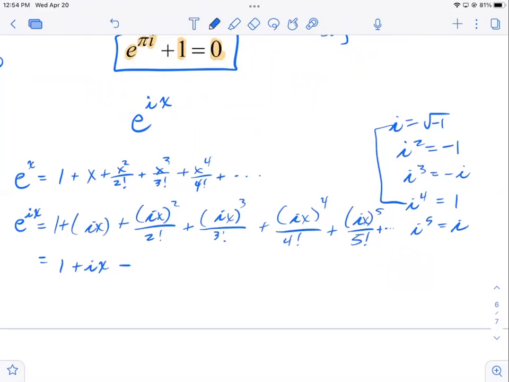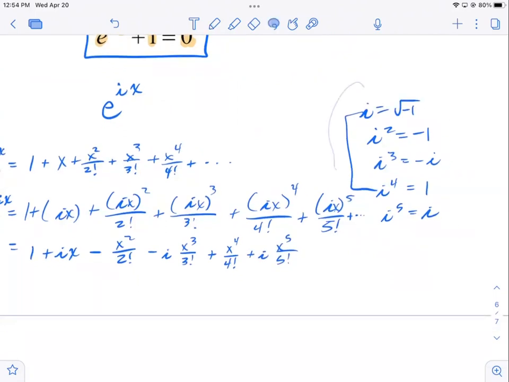So we get minus x squared over 2 factorial. And then i cubed is -i, so this becomes minus i times x cubed over 3 factorial. i to the 4th is 1, so now it's back to plus x to the 4th over 4 factorial. i to the 5th is the same as i, so now it's plus i x to the 5th over 5 factorial.